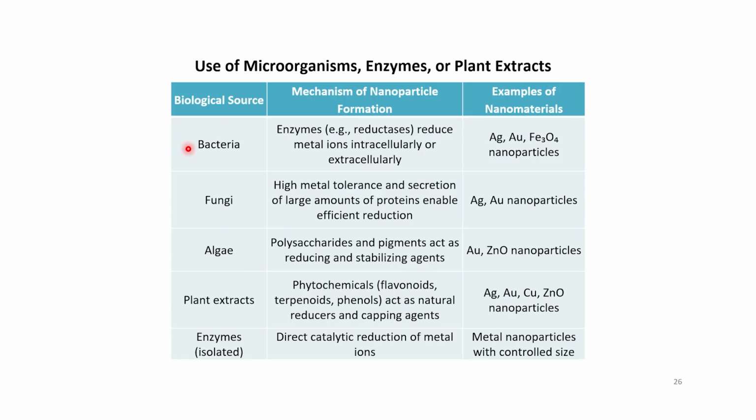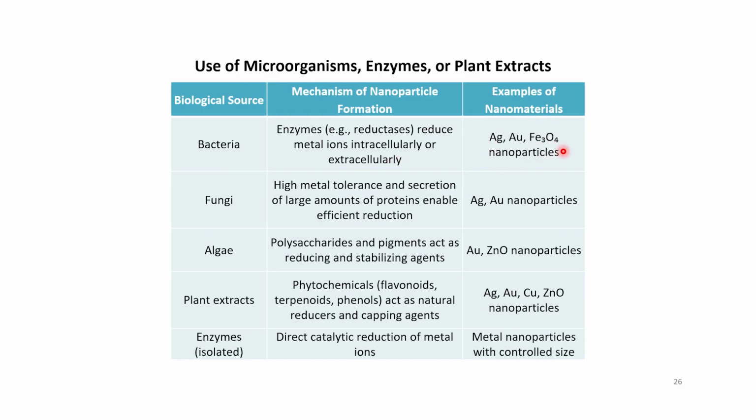So bacteria basically release certain enzymes that can help in the reduction of your nanoparticle metal solution, whatever precursor metal solution you are using to create a desired nanoparticle. You were using your reducing agent earlier, now you can use bacteria as that reducing agent, as it is secreting certain enzymes like reductases which can reduce metal ions intracellularly or extracellularly.